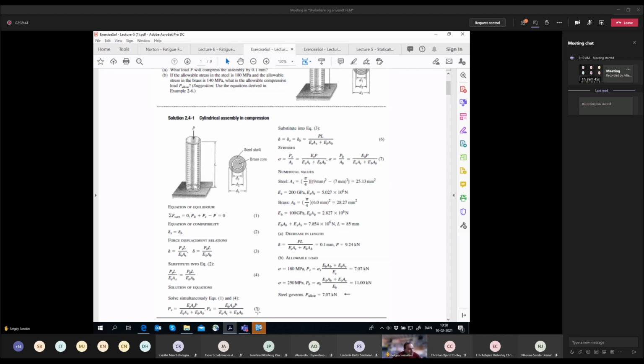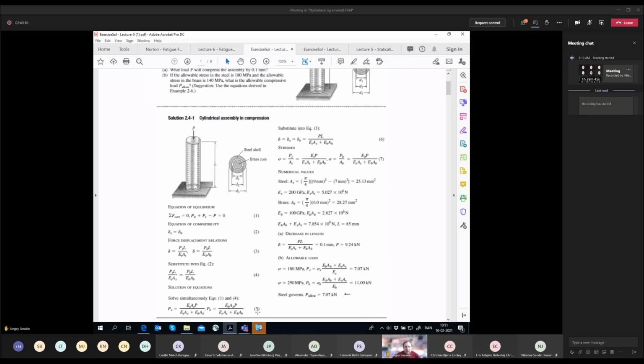You can take this ES in formula 7.1 and put it in the denominator. Then you have bare P in the numerator, and in the denominator you have just AS, which is area, which makes perfect sense, plus the ratio of Young's moduli times the area of the brass component.